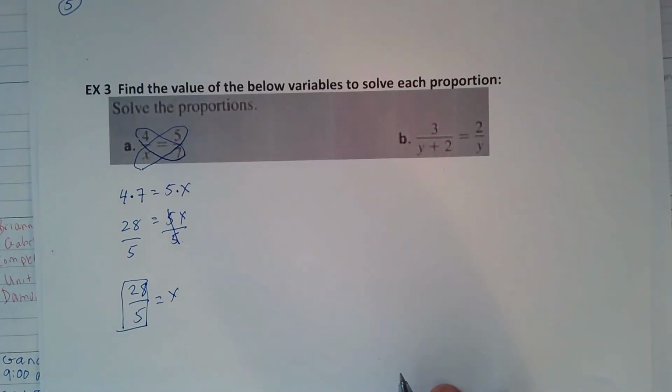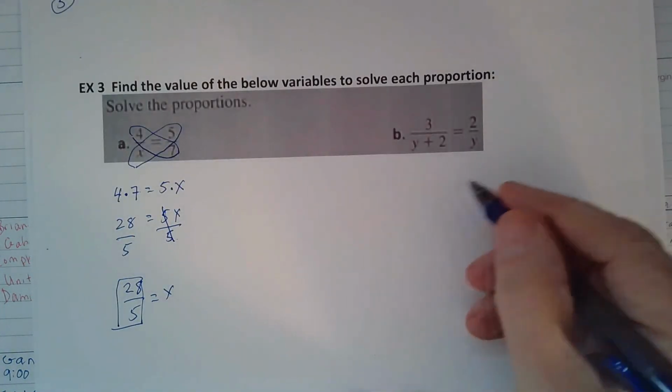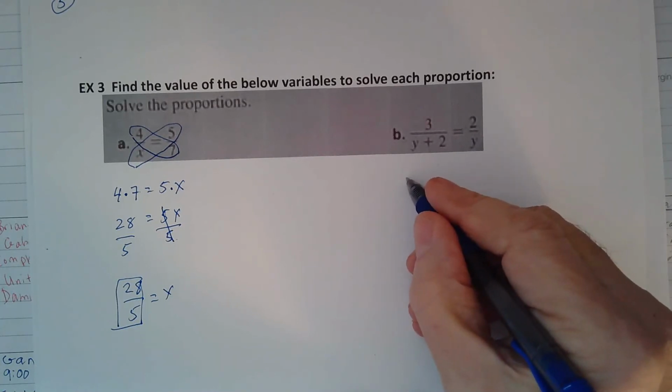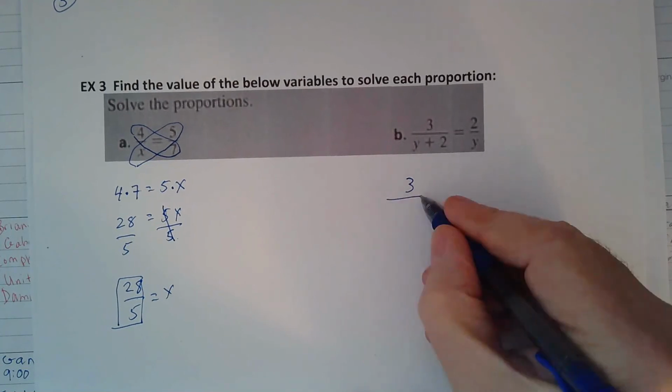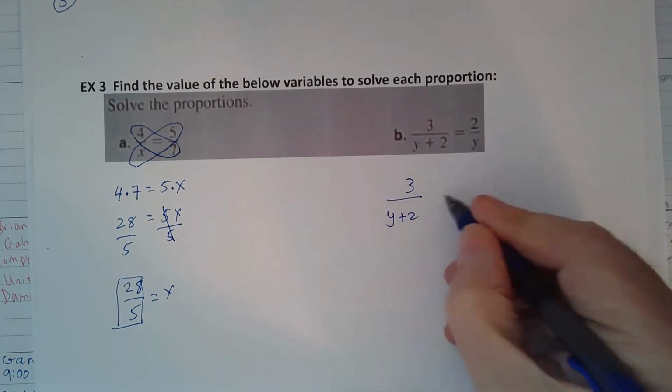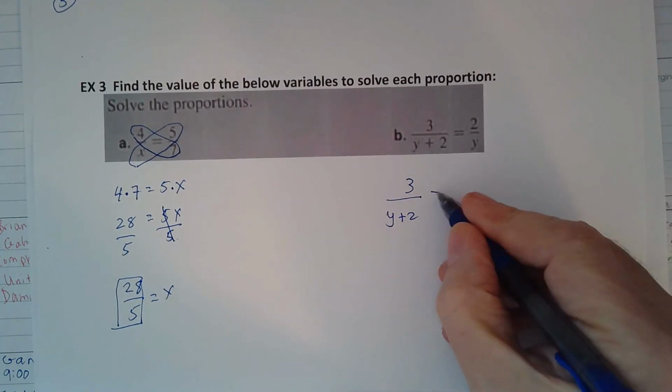All right. So now we've got the other one over here, which is, let's write this out more fully. 3 over y plus 2 equals 2 over y. All right. So that's the original equation. Now we're going to do the cross product property.